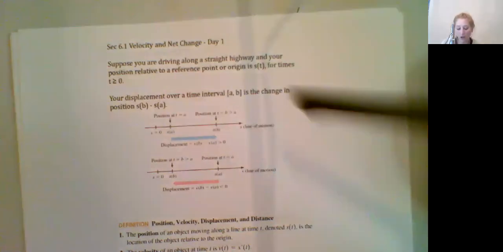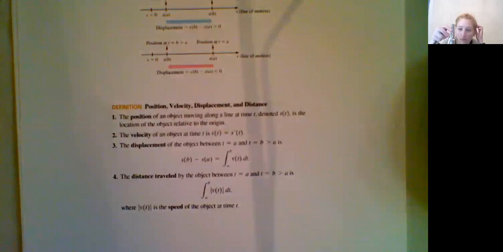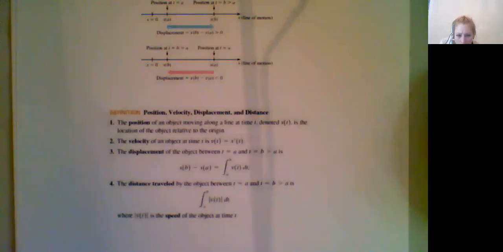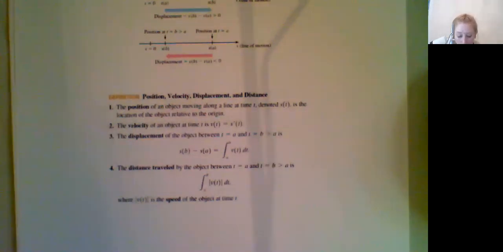So we have already been talking about how our position and velocity and acceleration are all related. So we are going to add on to that just a bit, all right?